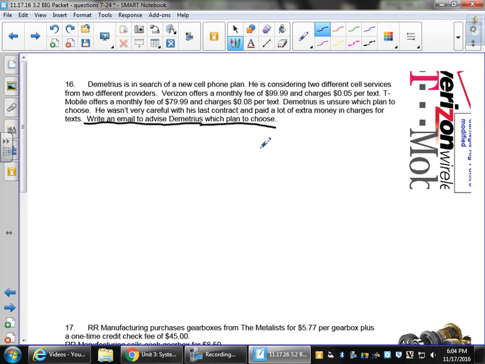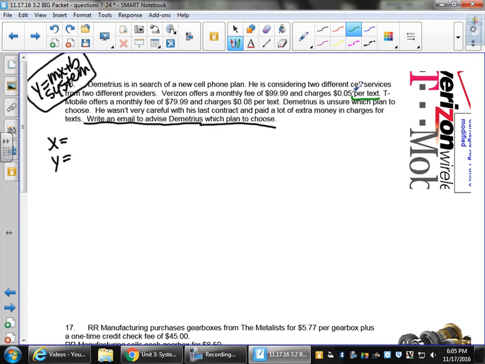We are trying to figure out if one is better than the other. So right away, I know I got a y equals mx plus b system. Let's first define variables, x equals, y equals. When we have a y equals mx plus b system, let's work towards finding per each or every.